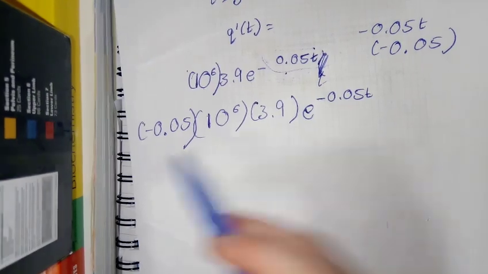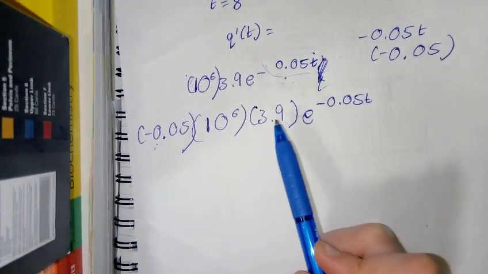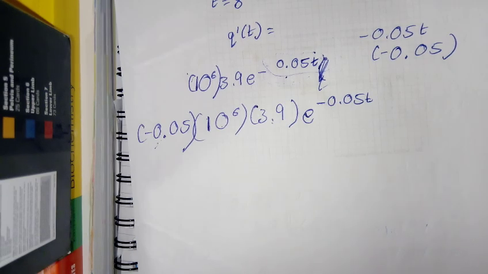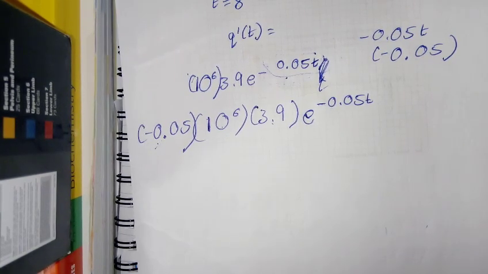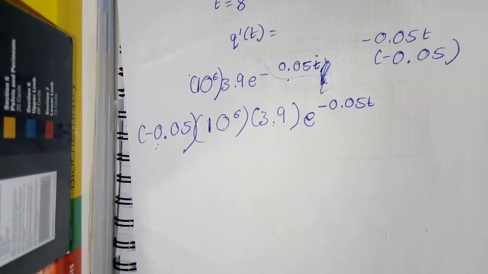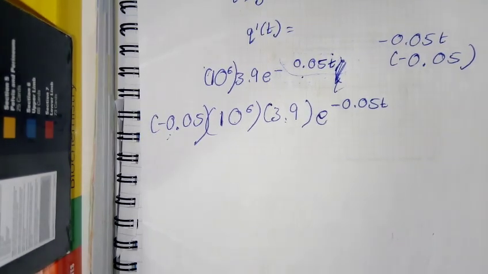So then what we get is minus 0.05 by 10 to the power of 6 by 3.9 e to the minus 0.05t.